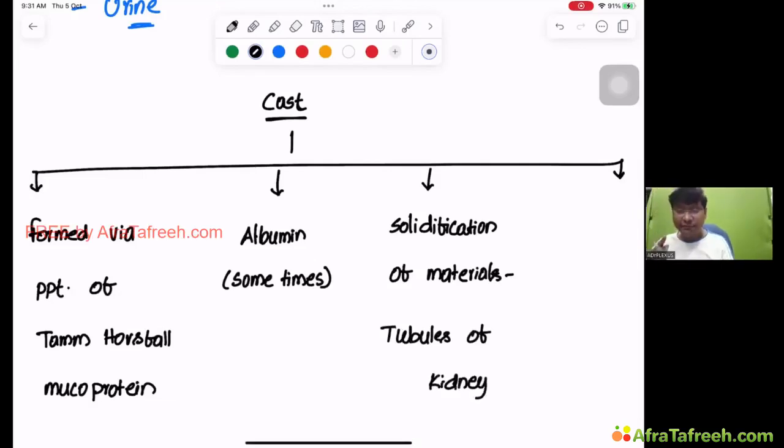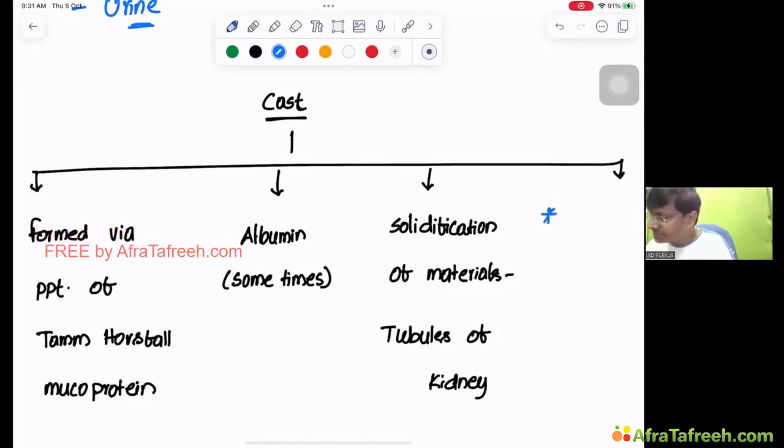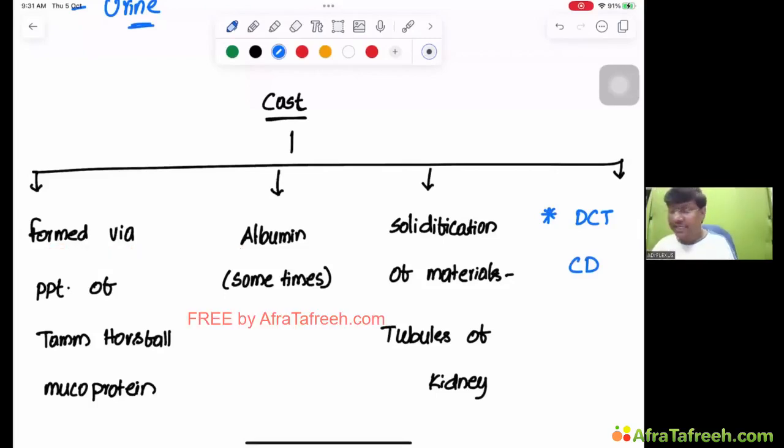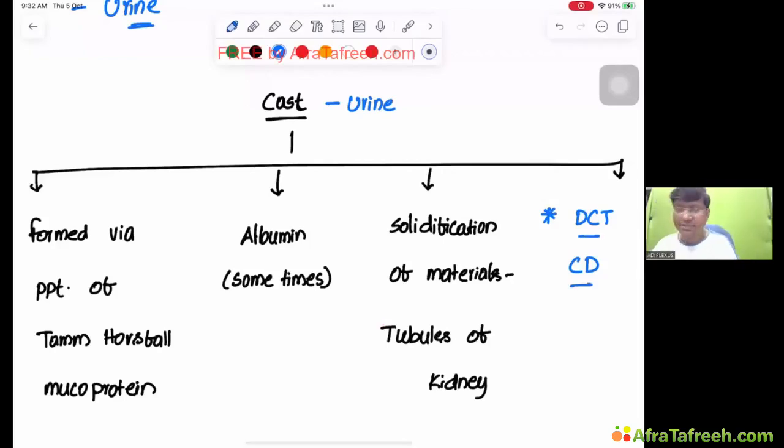Now, specifically, which particular part of the tubule? That's a multiple choice question. These casts are formed in the DCT, distal convoluted tubule, and in the collecting duct. That means if there is presence of the cast in the urine sample, that is abnormal cast, that tells you that there is pathology in the DCT or the collecting duct. That's a very important point you need to analyze.